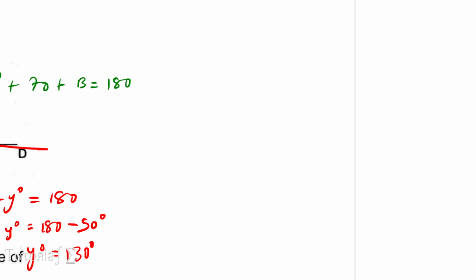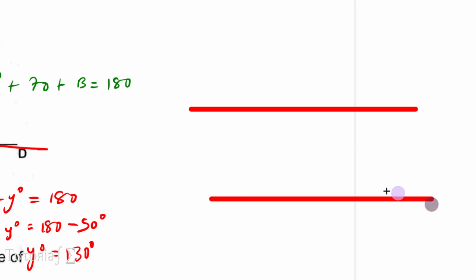If you have two parallel lines, let me just draw two parallel lines like that and that. Apart from the Z rule, if you have a line cutting like that, the angles are facing each other.